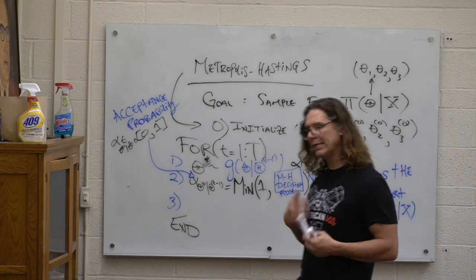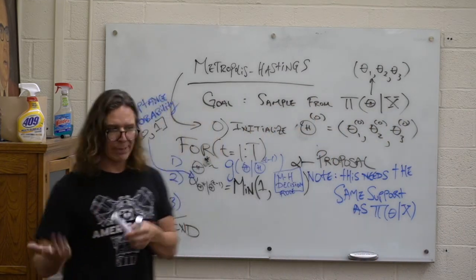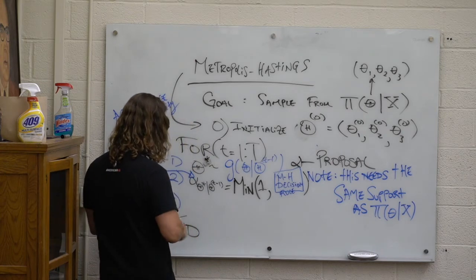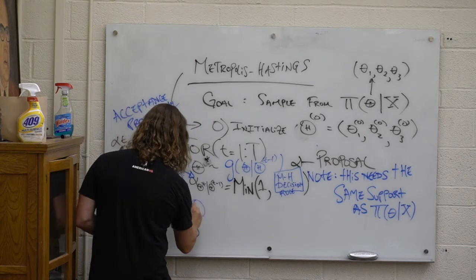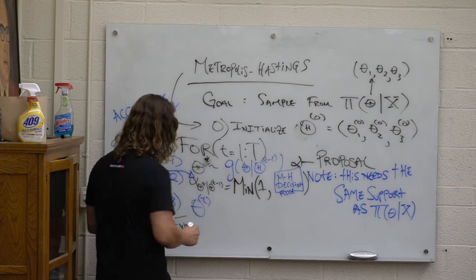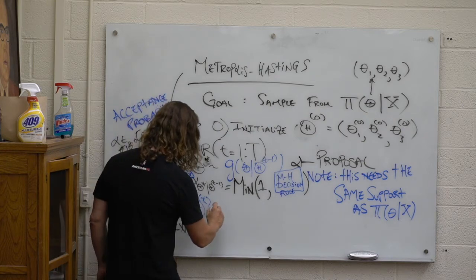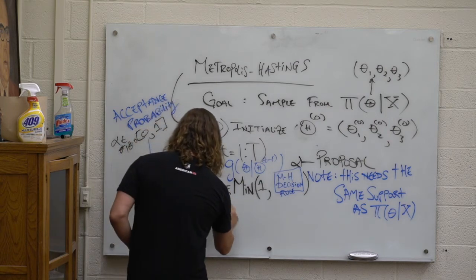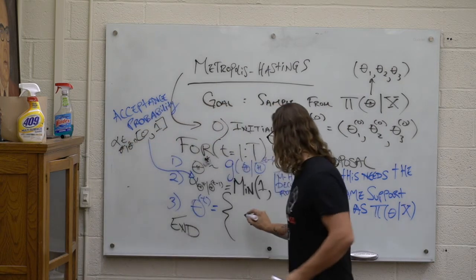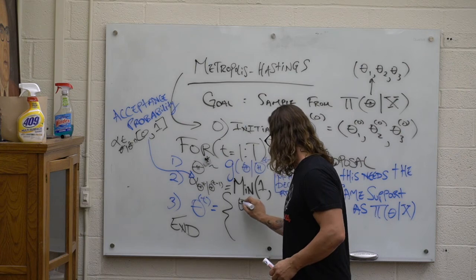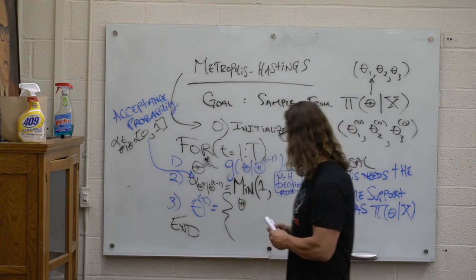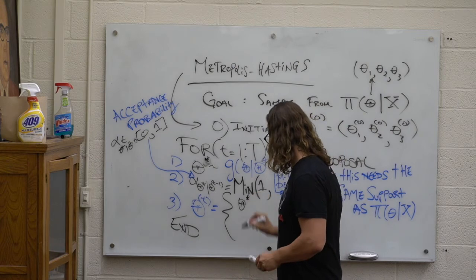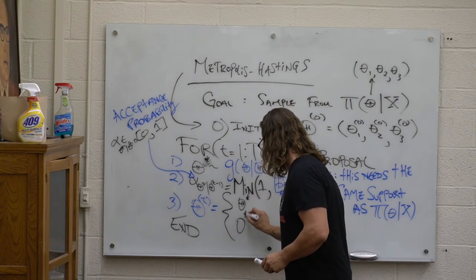The third step is just flip the coin and make the move. So I'm just going to say theta t, this is what I'm updating. This is where I'm moving to at my next iteration. This is going to be one of two things. This is either going to be theta star, or I'm going to move to theta t minus 1.